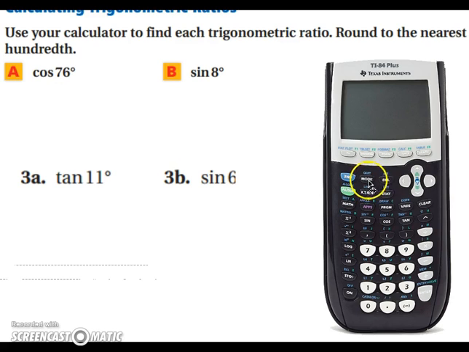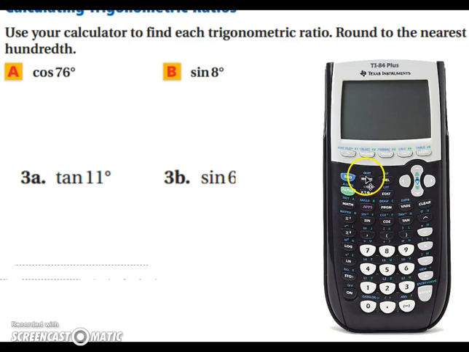You want to make sure the degree is highlighted, so you can use your arrow keys to navigate that, and then once you have degree highlighted, you can just hit enter. If it already is highlighted, you're good to go, so just hit second quit.